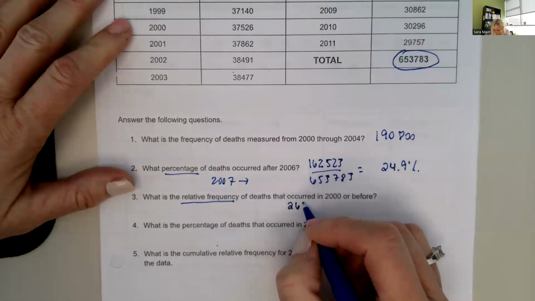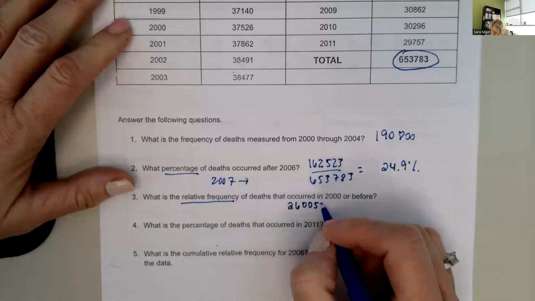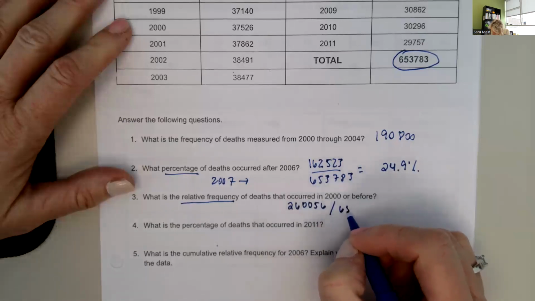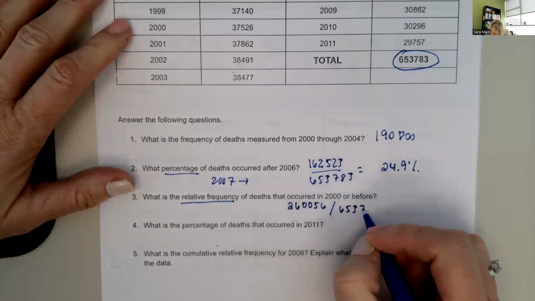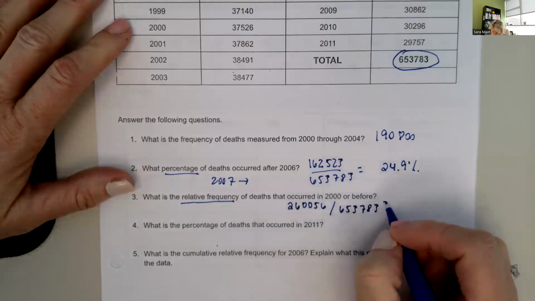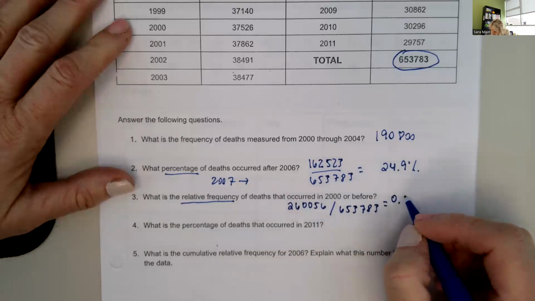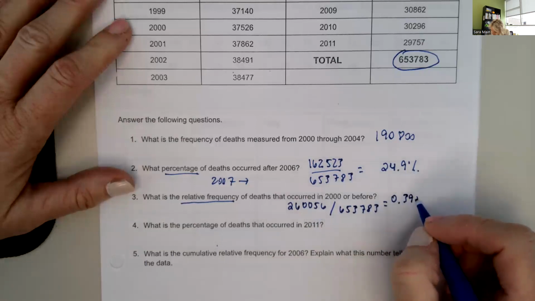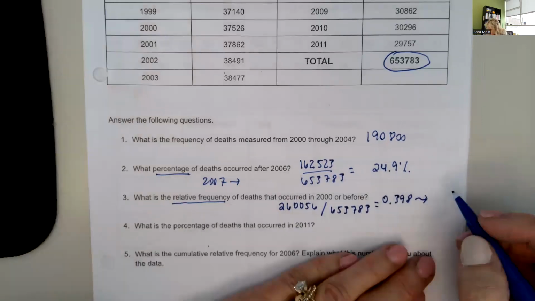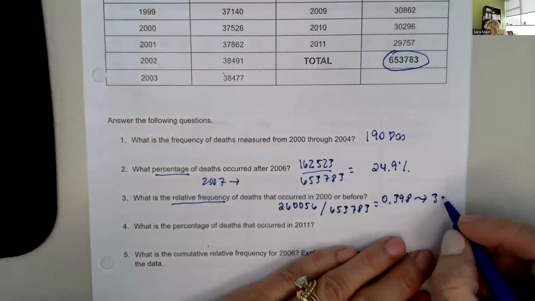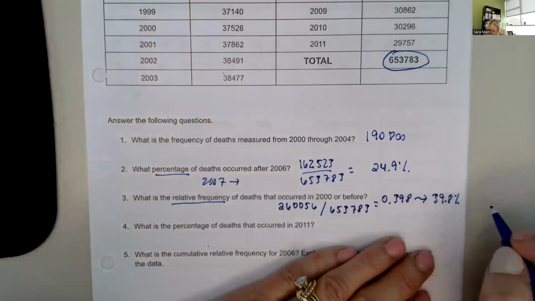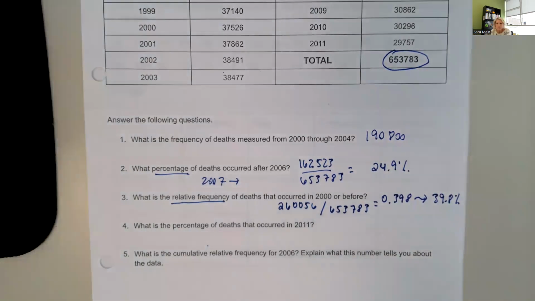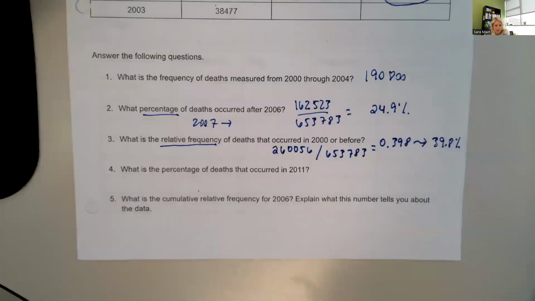So that comes out to be 260,056 divided by the total. And that decimal is 0.3984, 39.8%.